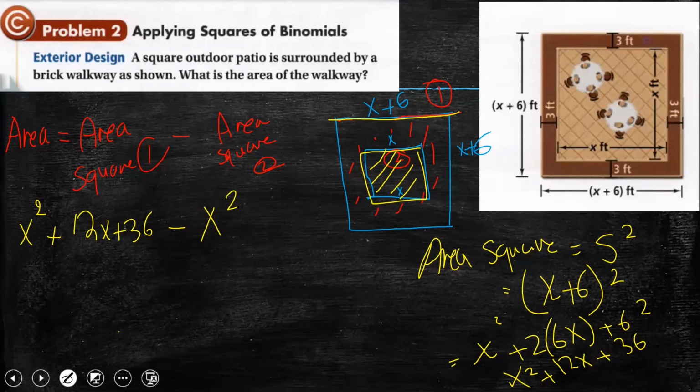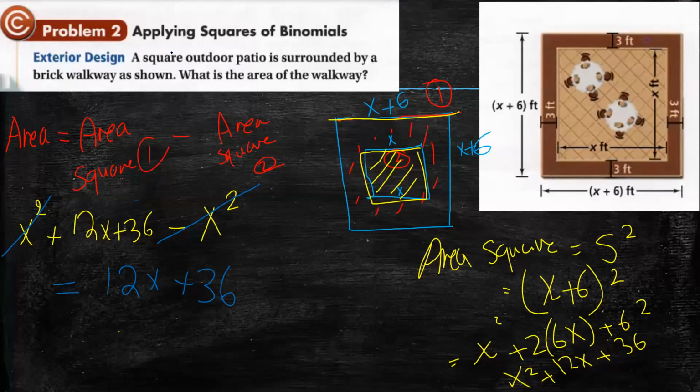Then I will simplify. It's x squared minus x squared, so they cancel each other. So I have 12x plus 36. This will be the area of the shaded region. Is it clear? Yes. Okay.